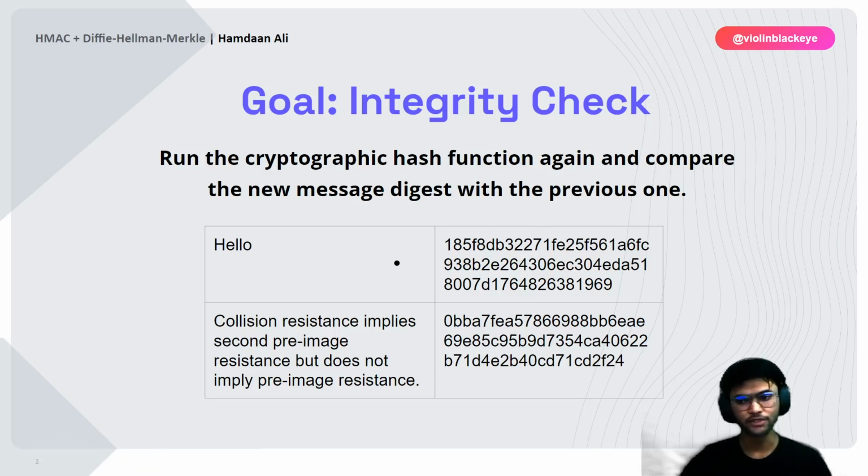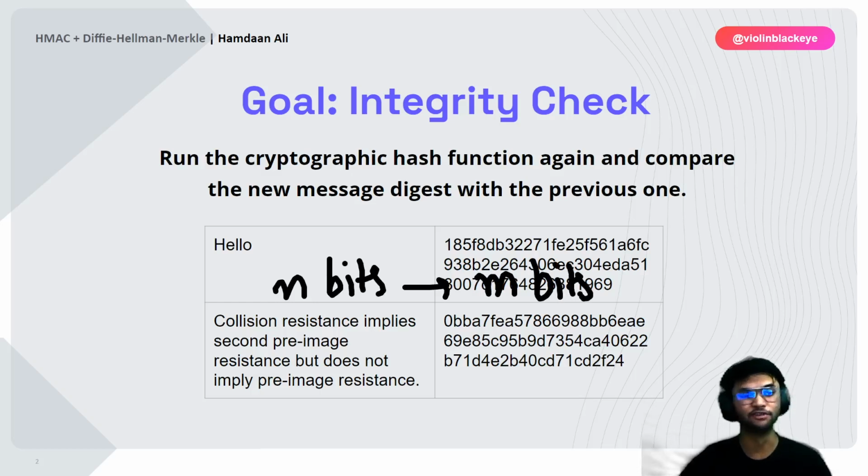What I want you to notice is the fact that any hashing algorithm can take n bits of input and map it to exactly m bits of output every time. For SHA-256, it can take arbitrarily long input and map it to 256 bits of output, or 32 bytes of output.